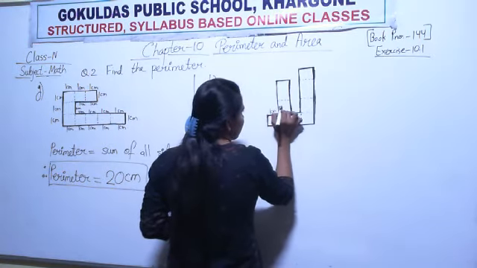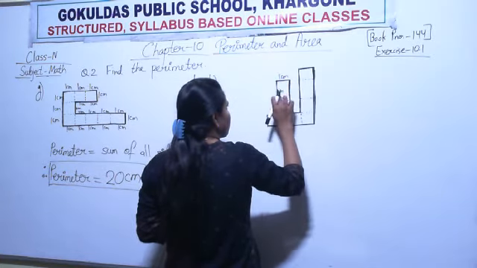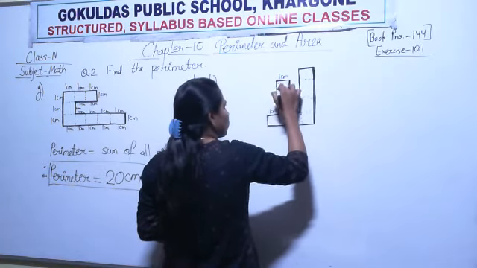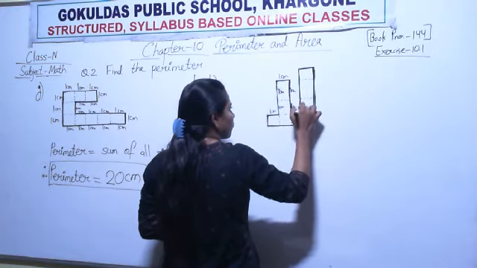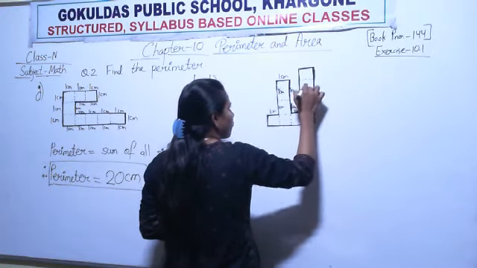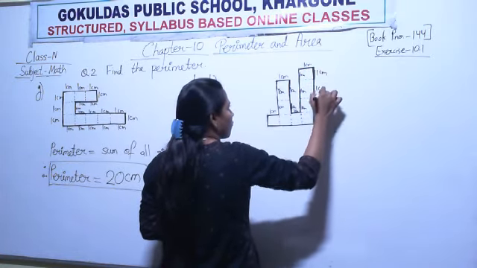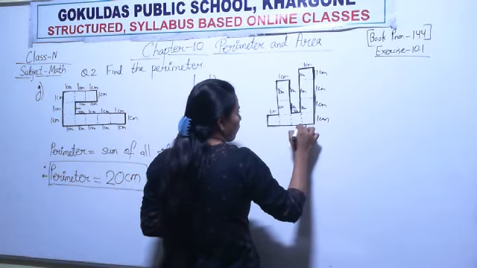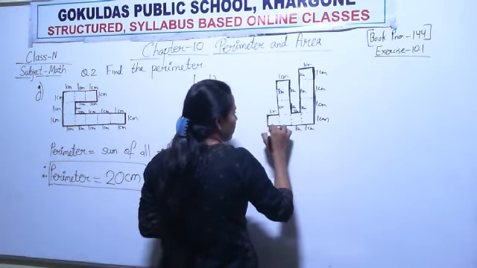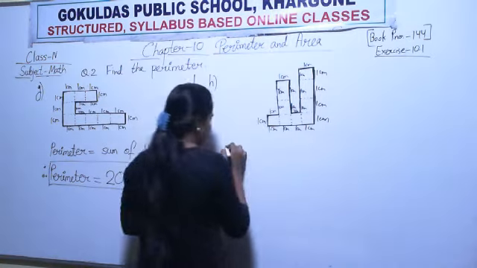Let me give 1 centimeter to each side: 1 centimeter, 1 centimeter, 1 centimeter and 1 centimeter.